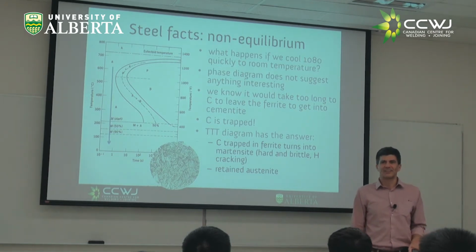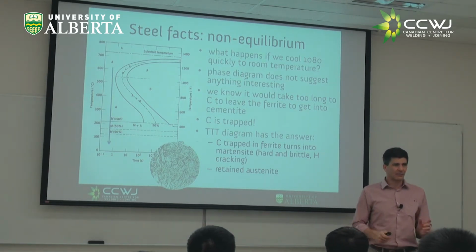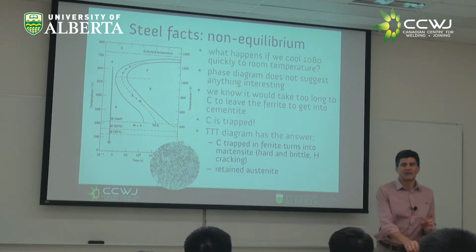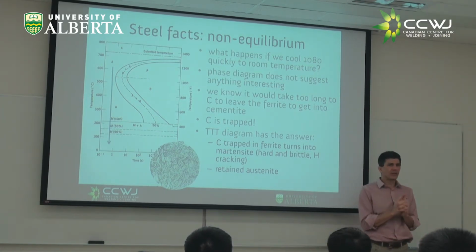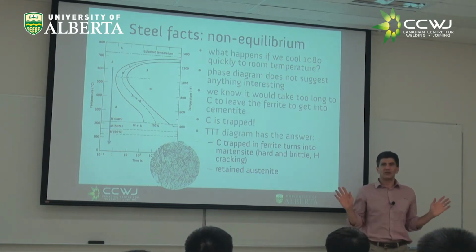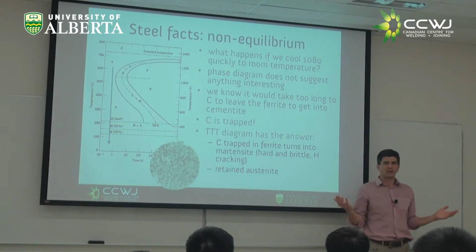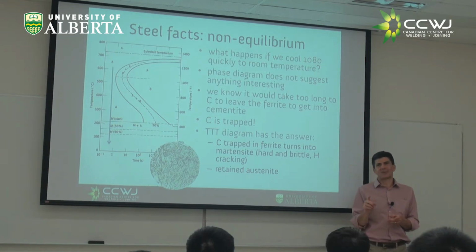So what happens then? Martensite, right? And what happens is that now I'm not giving the carbon a chance to partition. Not a chance. There's not enough time. And the carbon cannot get out because it's too cold. And now the BCC that cannot take any carbon is stuck with the carbon.